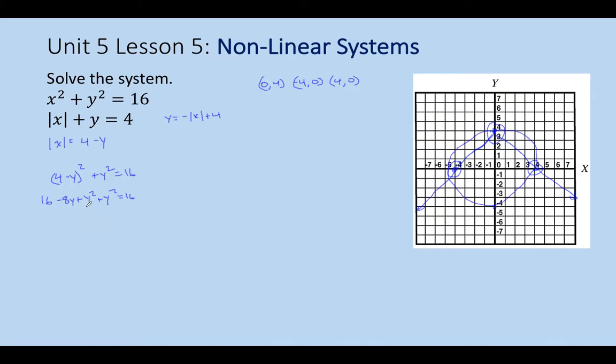I'm going to turn it around, make it look good. So we'd have 2y squared minus 8y plus 16 equals 16. Well, I could divide everything out here by 2 and I get y squared minus 4y plus 8 equals 8. Clearly, those 8s will cancel each other out, and so I've got y squared minus 4y equals 0.